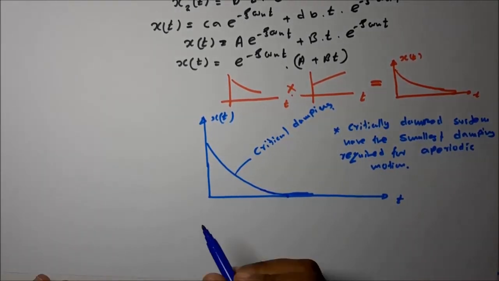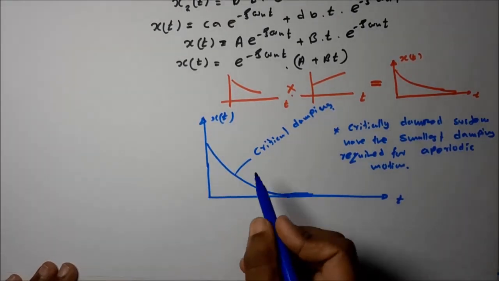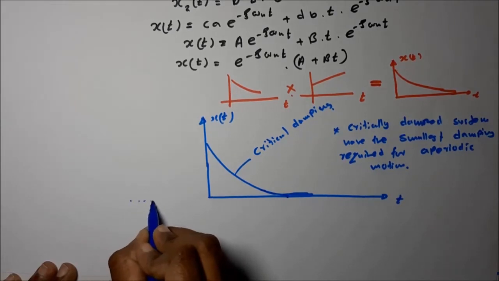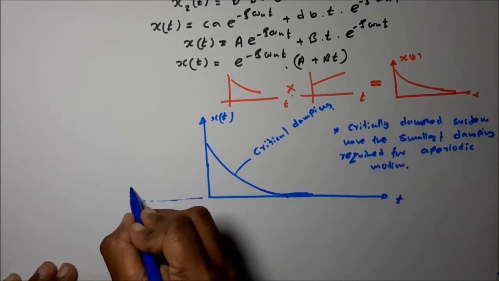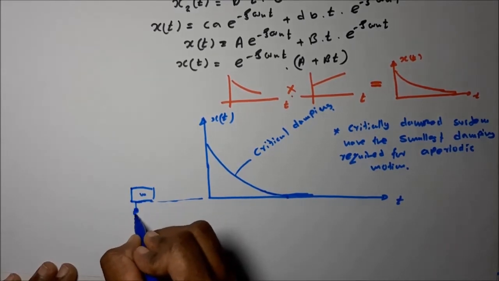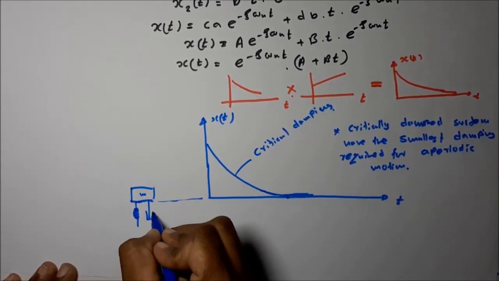Okay, let me explain this one using this diagram. Previously I used this diagram. Let's take the equilibrium position for a certain vibrating system, a viscous damping system. This is the spring, this is the viscous damper.